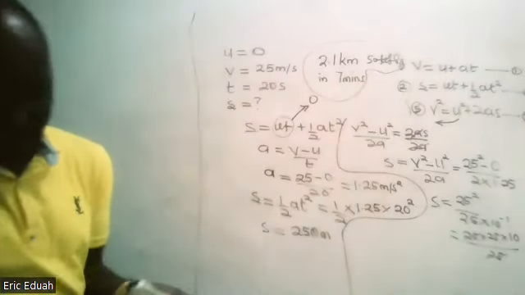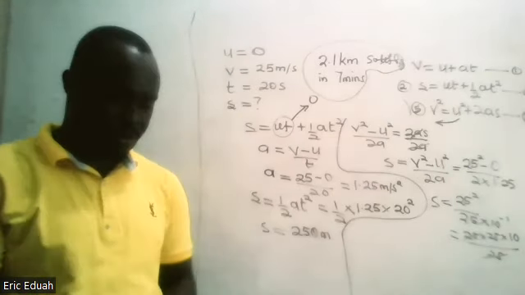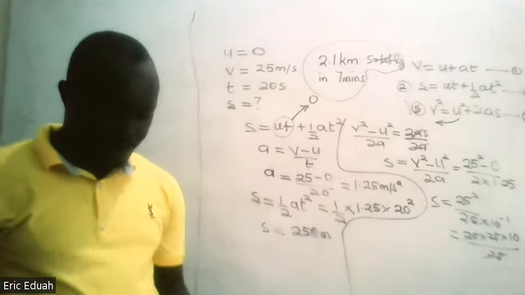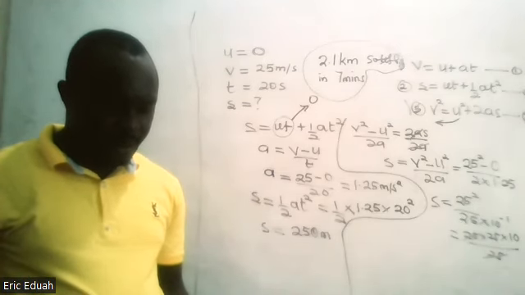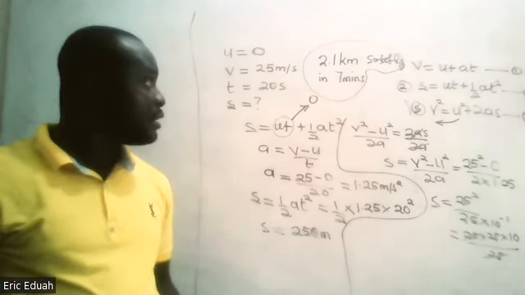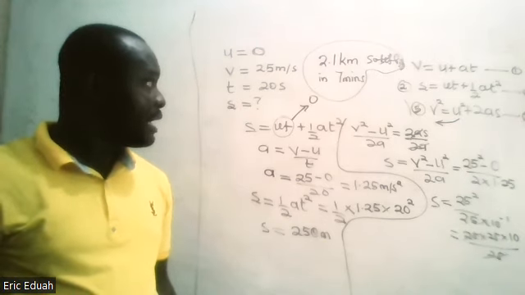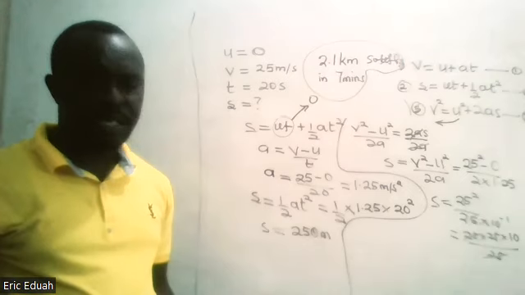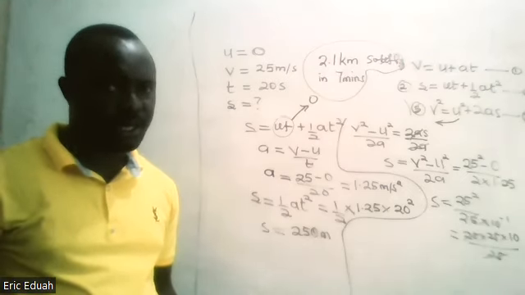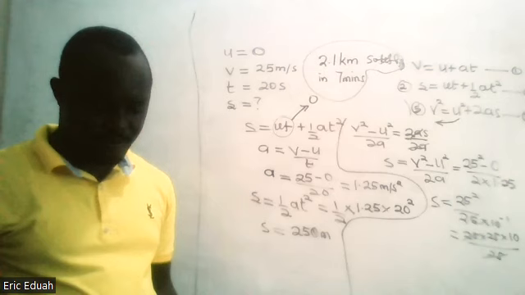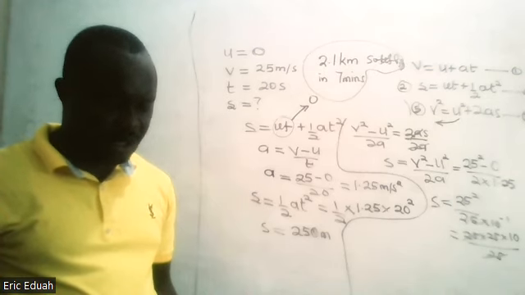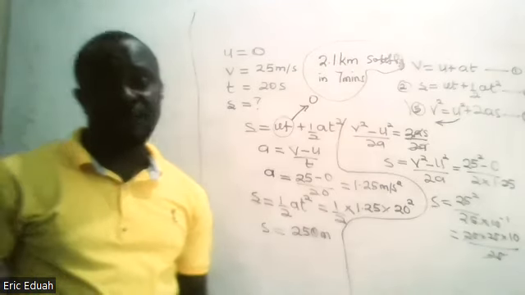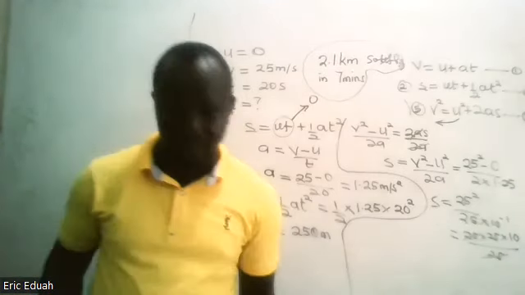The first question: a car travels 2.1 kilometers south in 7 minutes. Find its velocity in meters per second.